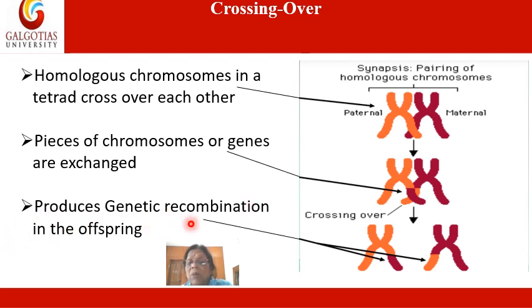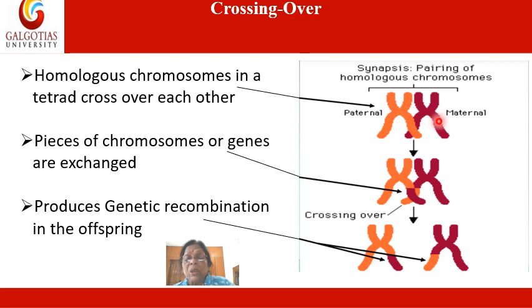So this is a very important point. Why is this phenomenon of crossing over taking place? For getting better genetic recombination in the offspring. So I think this must be very clear. This chromosome is from father, this is from mother.